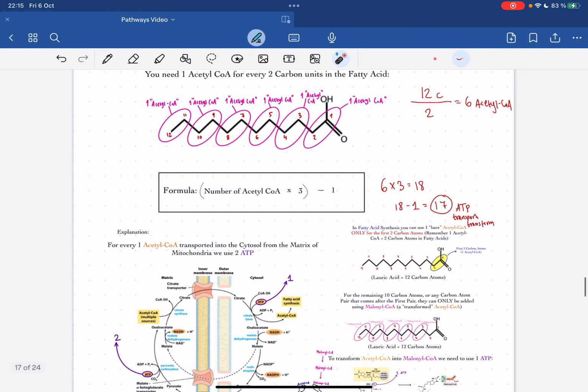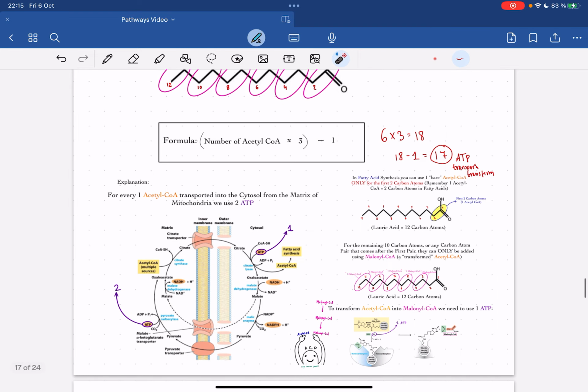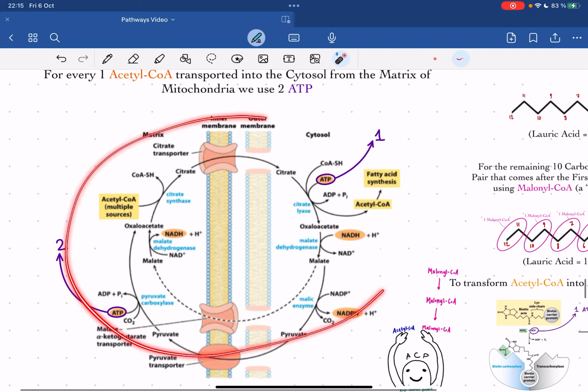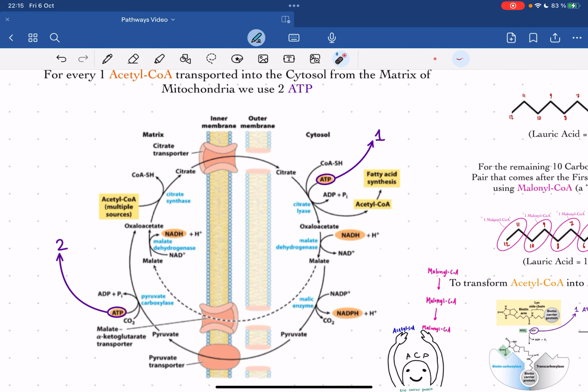Now, why is it times 3 exactly, and why do we have this -1 in the beginning or at the end? First of all, remember how the acetyl-CoA is transported from the matrix of mitochondria into the cytosol. We use this citrate shuttle, and then we lose 1 ATP right here. And for the citrate to go back into pyruvate and back into the matrix, we use another ATP here.